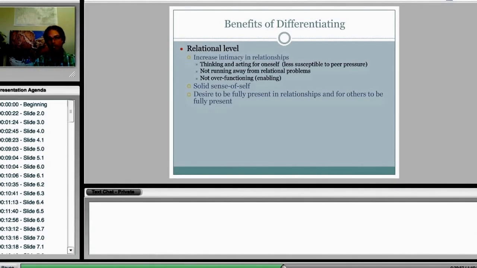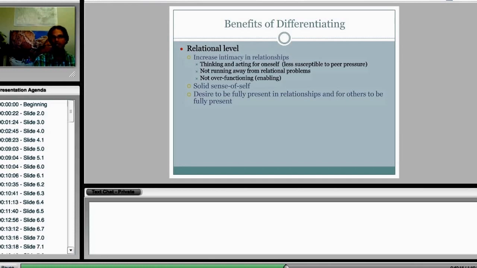On a relational level, what this means is that we're going to have a greater level of intimacy and connection in the relationship. As we increase our level of differentiation, we're able to know more of who we are and choose to be together with people who know who they are.